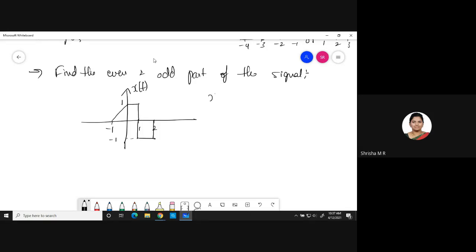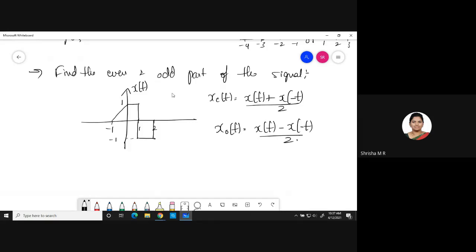So xe of t is nothing but x of t plus x of minus t divided by 2, and xo of t is nothing but x of t minus x of minus t by 2. So what is the first step? You will plot the mirror image first, mirror image of x of t.